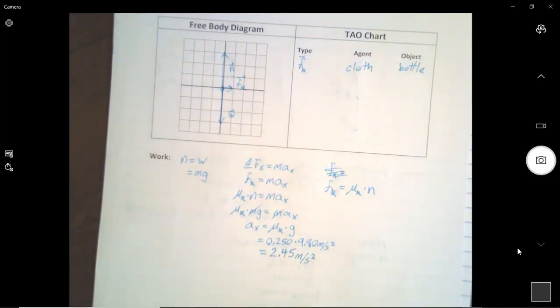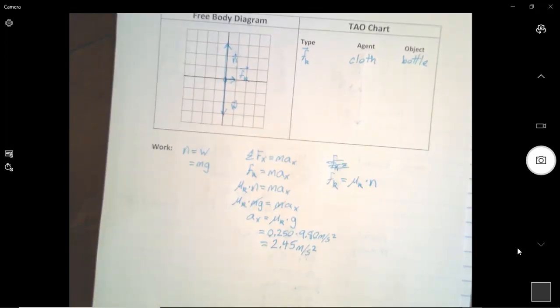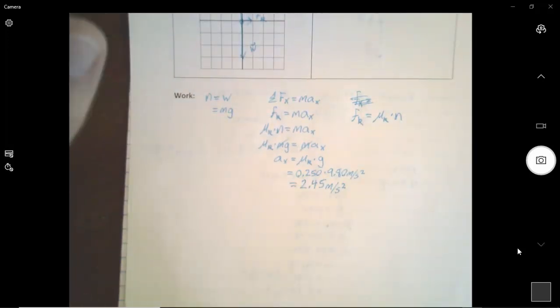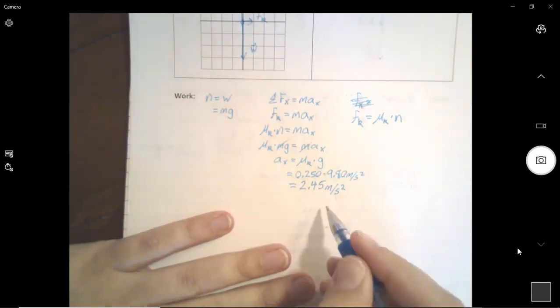That's the final acceleration the bottle will have when you're yanking the cloth so hard that the cloth will slide out from underneath. So, if this acceleration is only a little less than the other acceleration, why do magicians better than I manage to not knock over the glasses?